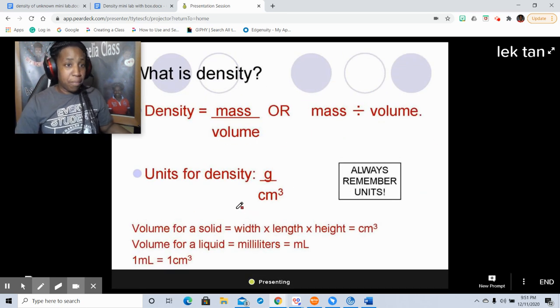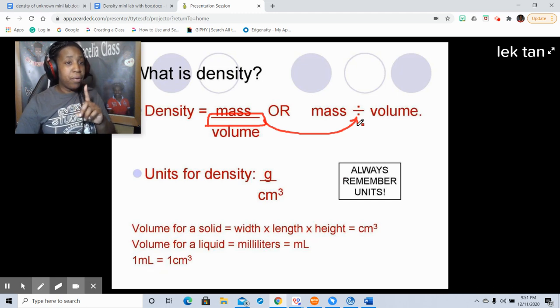Now, here's the formula. So I will need you to write this down. Density equals mass over volume or mass divided by volume. Remember that this is the same thing as this, just written differently.